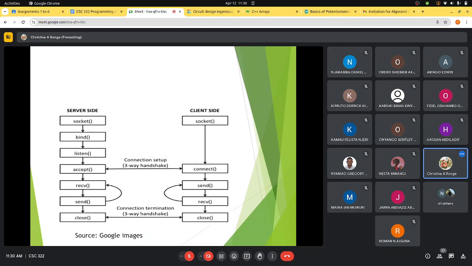What you have, Craig, is the address. Remember we said the connect command must have the composite address, which is the IP address and the port number.